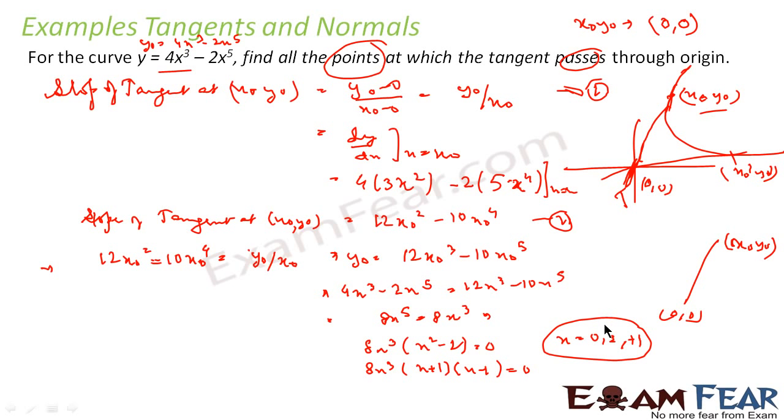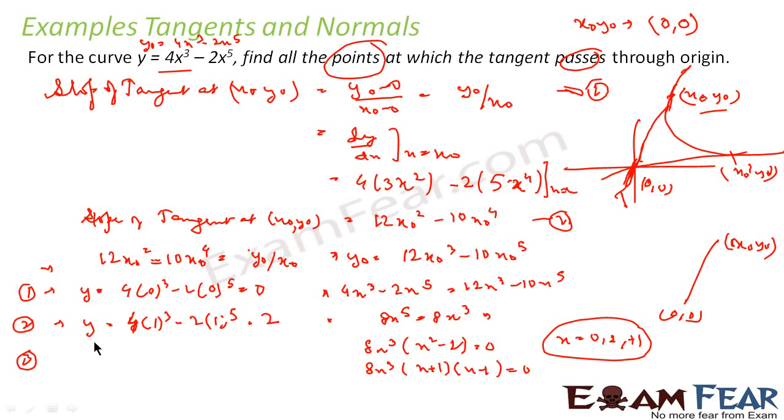So now I know the value of x, I can very well find the value of y. So case 1, x is equal to 0, y is nothing but 4 into 0 cube minus 2 into 0 to the power 5, that becomes 0. Case 2, x equal to 1. If you say y is equal to 4 into 1 cube minus 2 into 1 to the power 5, this becomes 4 minus 2, that is 2.